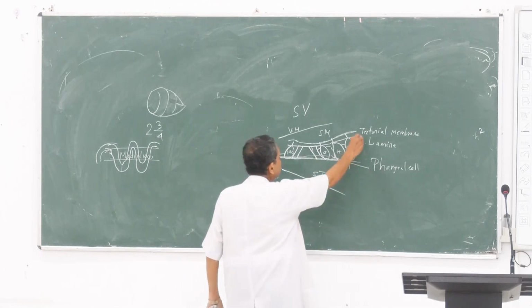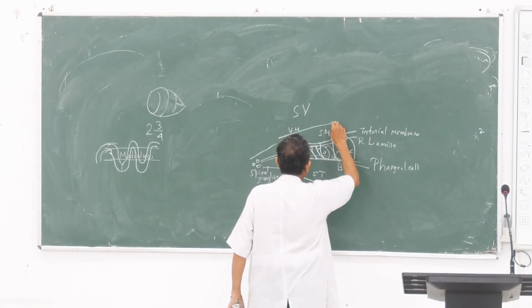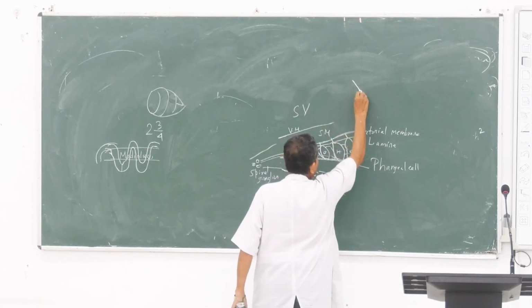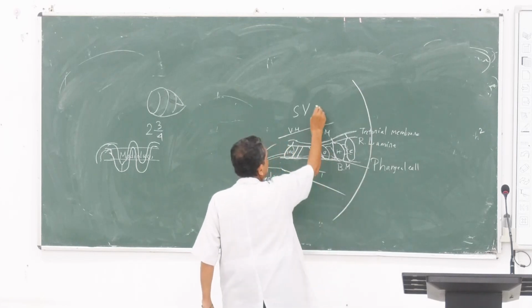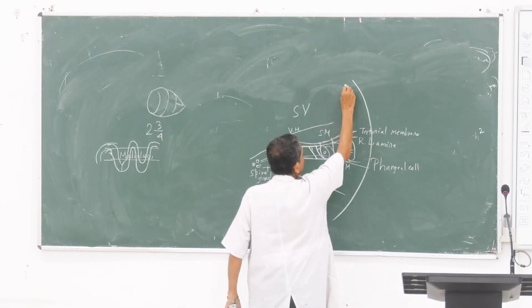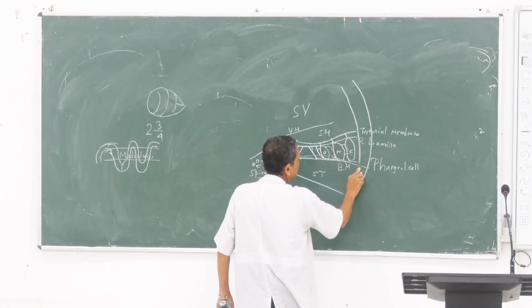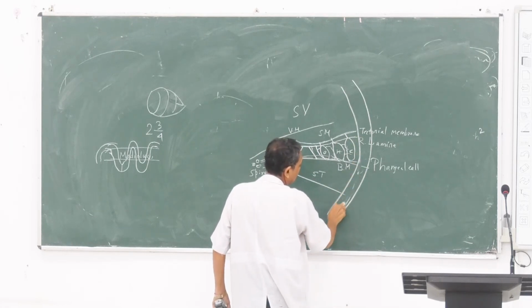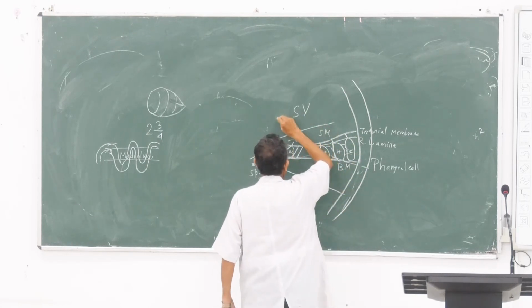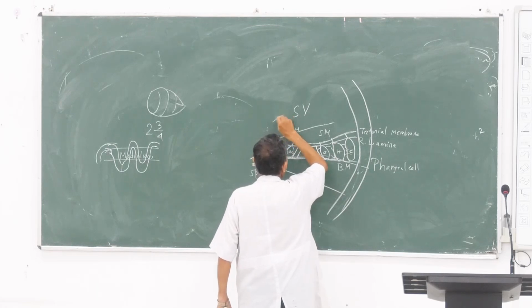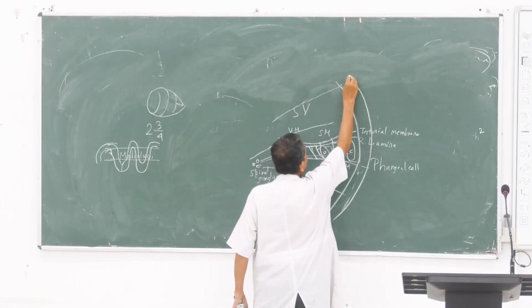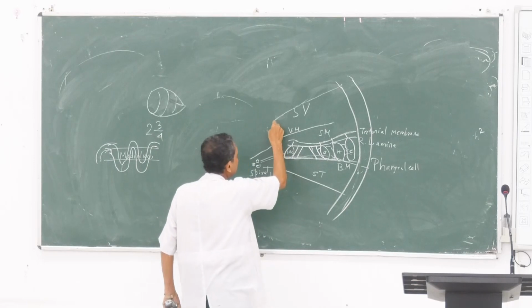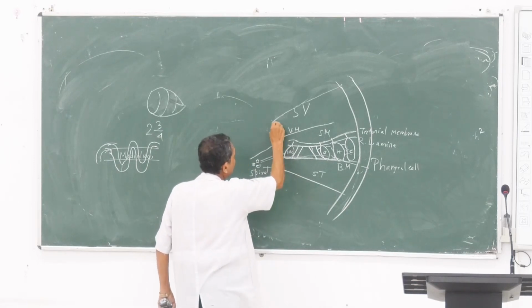Now outside this, here there is the oval window, the stapes, the footplate of the stapes.